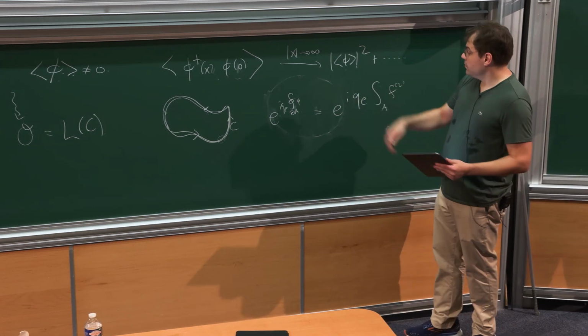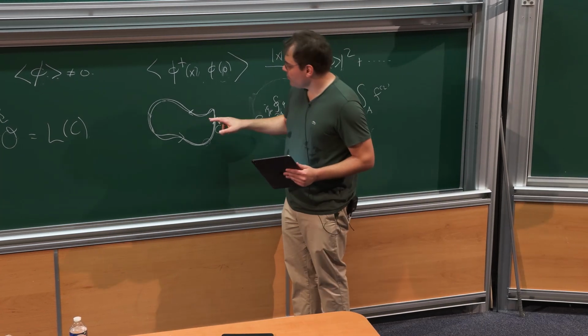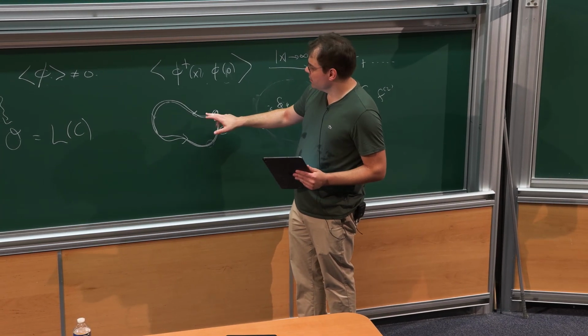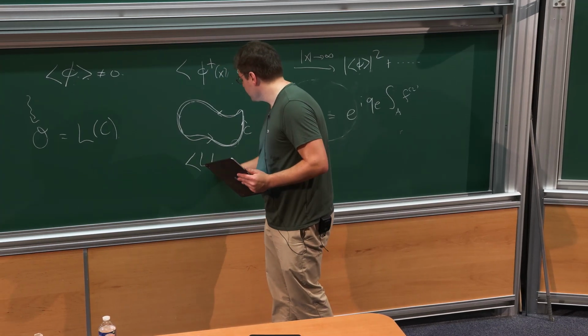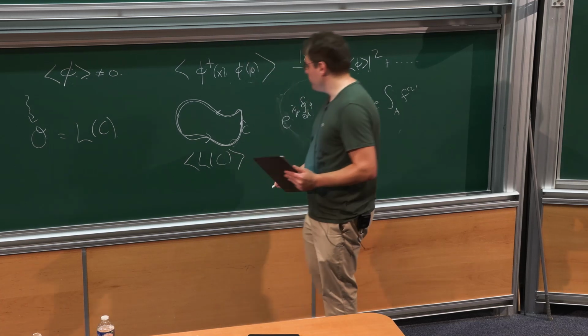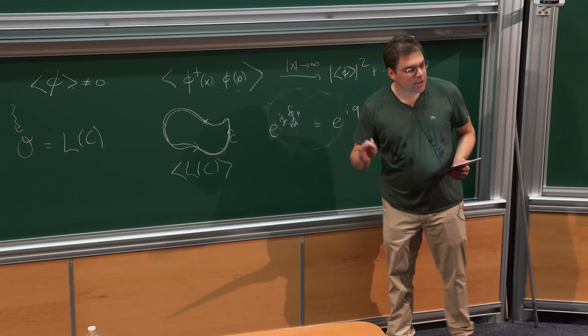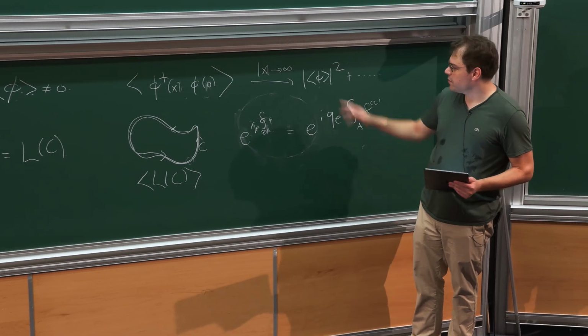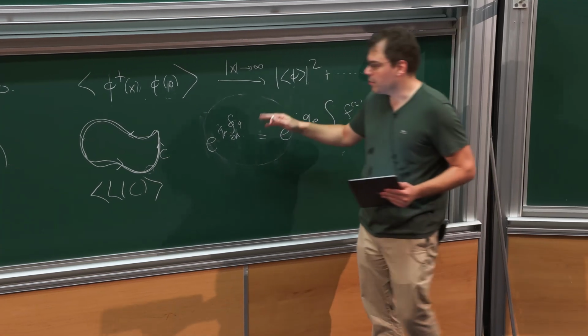Right. So backtracking a little bit, the thing that I would like to say is that you should study the limit of this kind of observable, the expectation value of the closed loop, when the loop becomes large. How exactly the loop becomes large is hopefully not going to matter. In principle it matters, but just like it ultimately doesn't matter how you take x to infinity in this kind of problem.